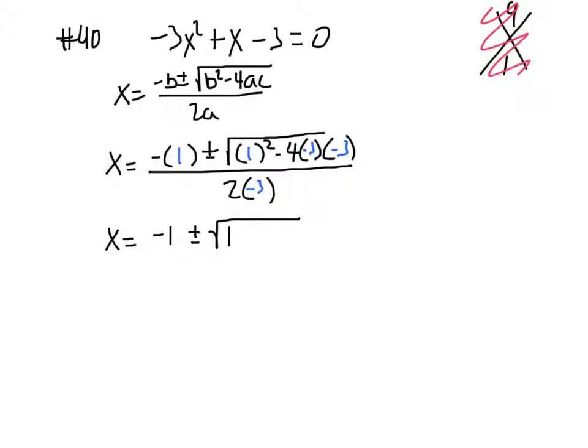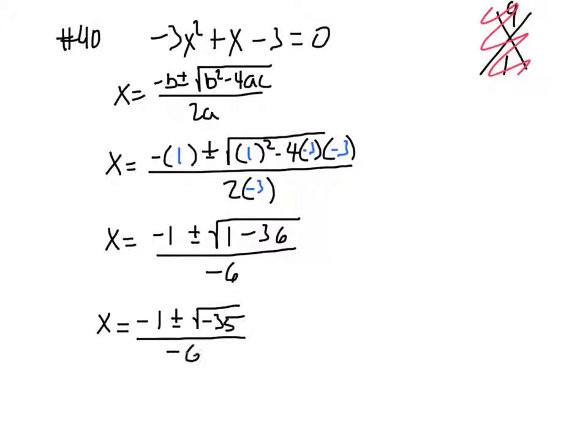Positive or negative 36? -36 over -6. Okay, so 1 minus 36 gives us what? -35. So we have -1 plus and minus the square root of -35 over -6.